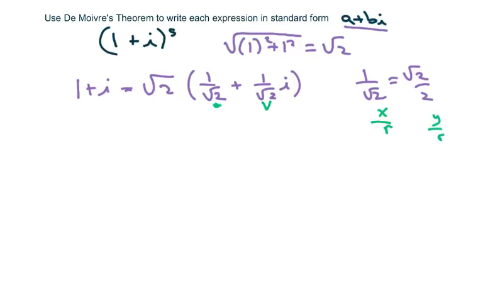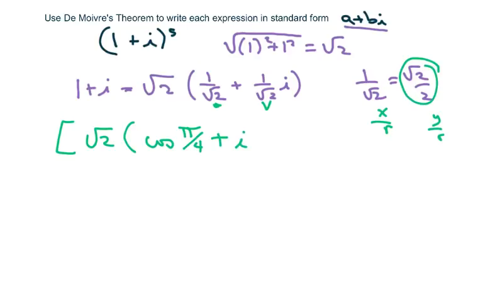So we have to know what cosine yields square root of 2 over 2. You're supposed to know that cosine of pi over 4 is the square root of 2 over 2, and so is the sine. You have to just know that, or you can do it the long way.